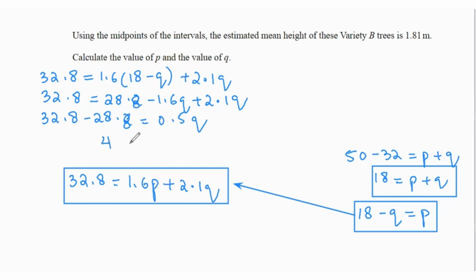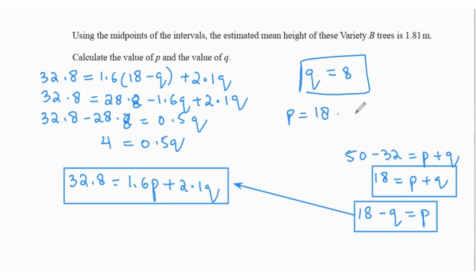That's 4. So 0.5q. So 4 divided by 0.5 is going to give us 8. And p is going to be 18 minus 8, and that is 10. So that's your answer.